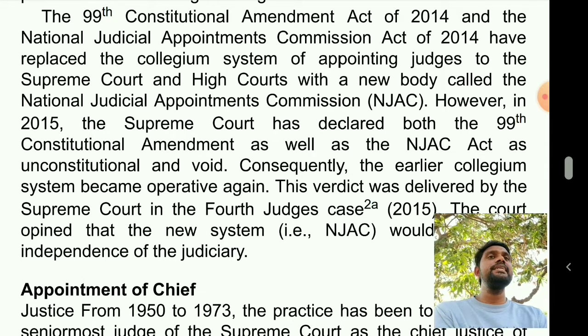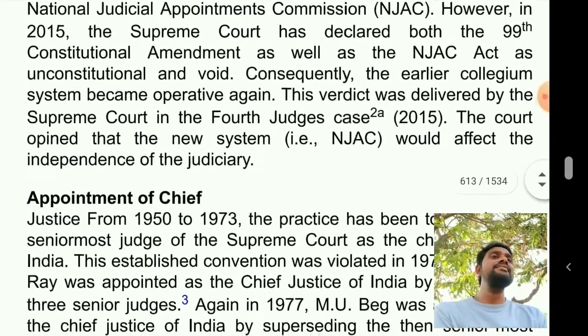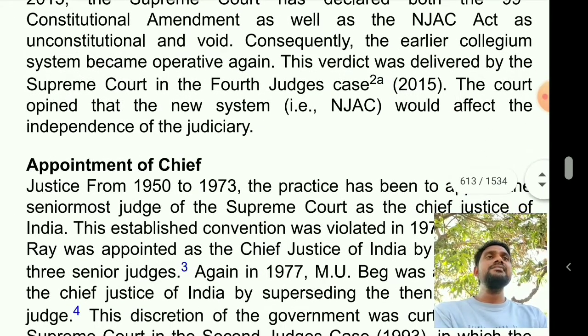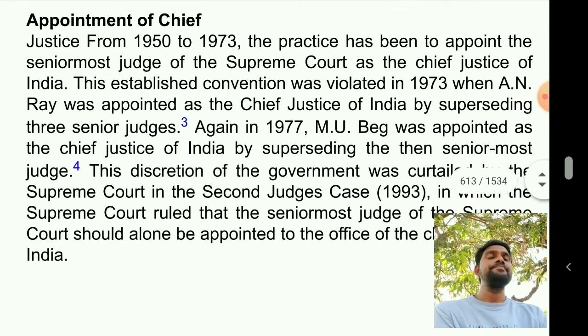However, in 2015, the Supreme Court declared both the 99th Constitutional Amendment as well as the NJAC Act unconstitutional and void. Consequently, the earlier collegium system became operative again. This verdict was delivered by the Supreme Court in the 4th Judges case, 2015. The court opined that the new system, namely NJAC, would affect the independence of the judiciary.